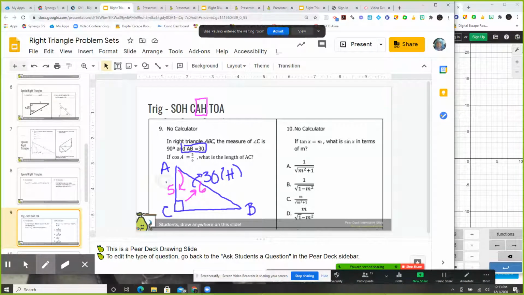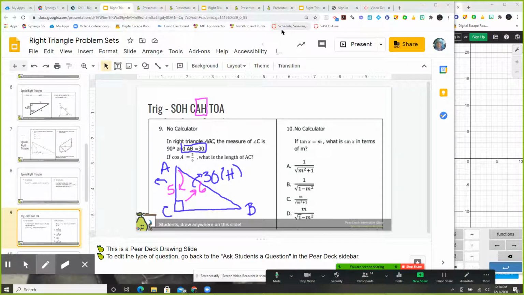So we've got to multiply the 5 by 5 in order to make it 25. So the length of AC is going to be that 25.